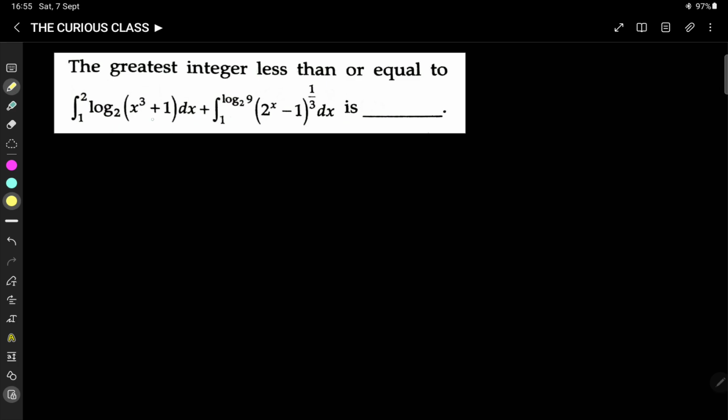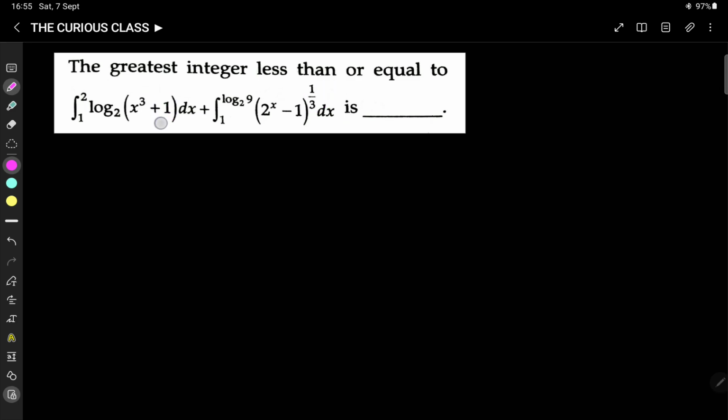as you can see here, you have log base 2. Log base 2 clicks something in our mind, as we have 2 to the power x, we have x cube here, and we have power 1 by 3.